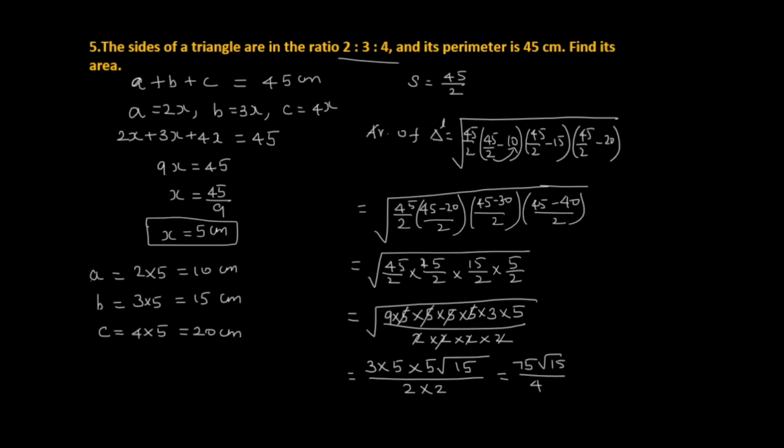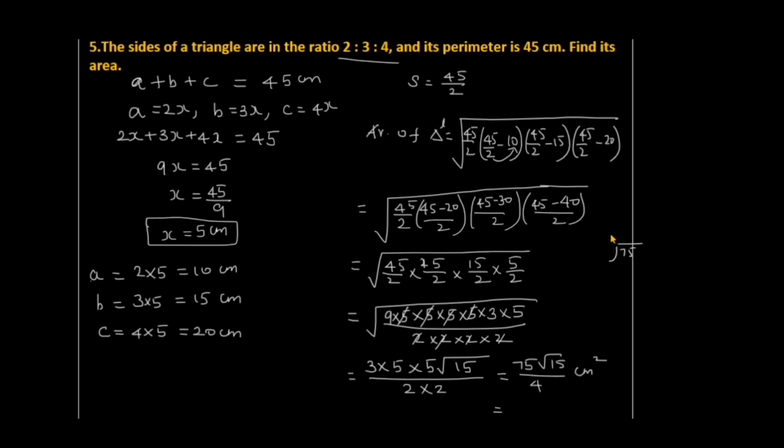This is centimeter squared. This is the area. So simplifying this, 75 divided by 4: 1 time 4, 4 times... 8 4s are 32.